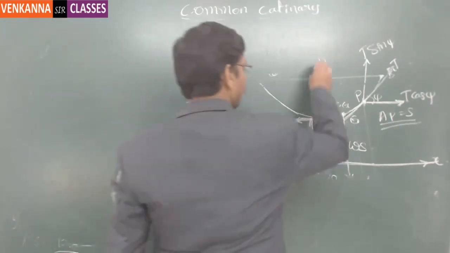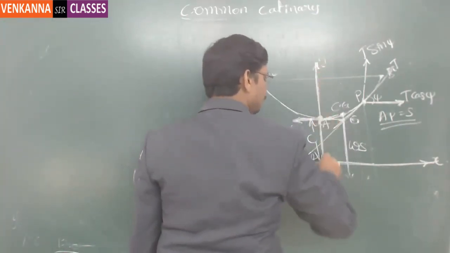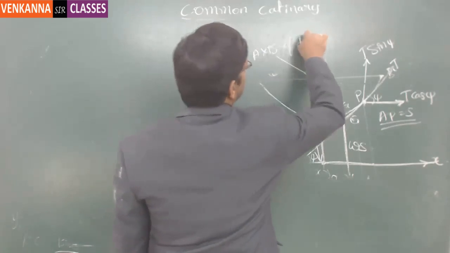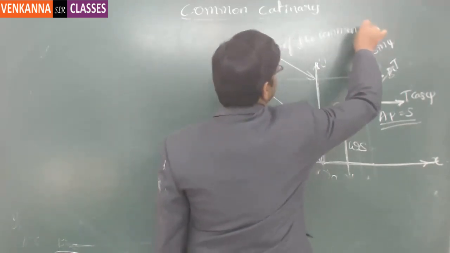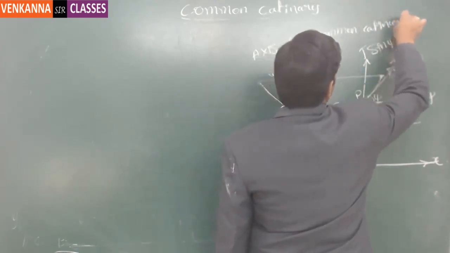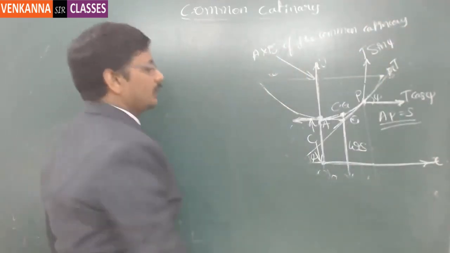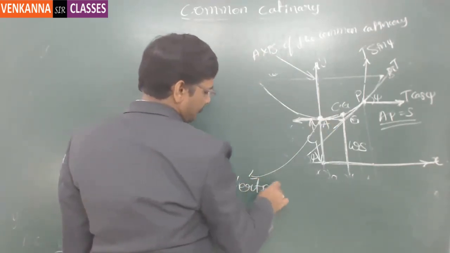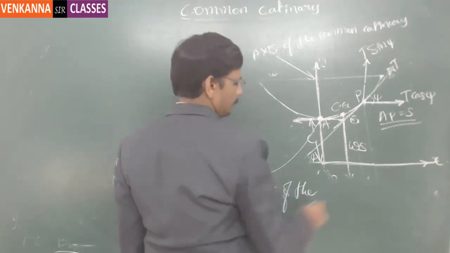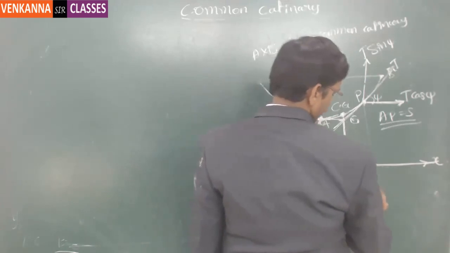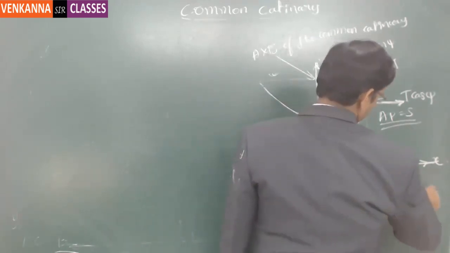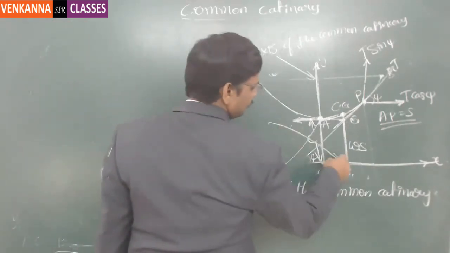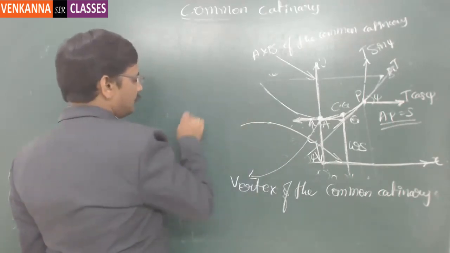Here the y-axis is the axis of the common catenary, and this minimum point is called the vertex of the common catenary. And this x-axis is called the directrix of the common catenary.